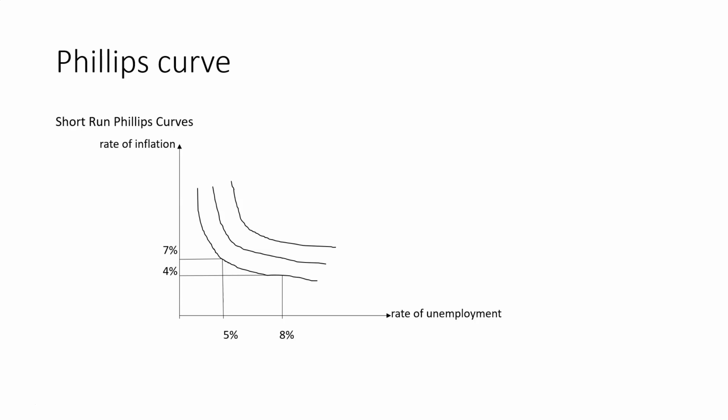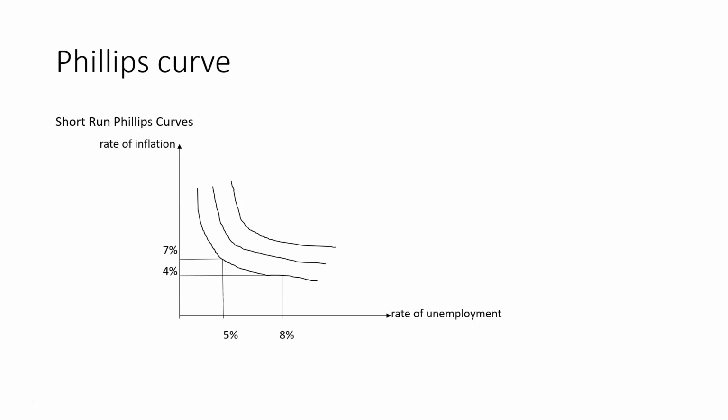How much contraction of the economy do we need to do to get rid of the inflation? And are we willing to deal with the unemployment that occurs with it?